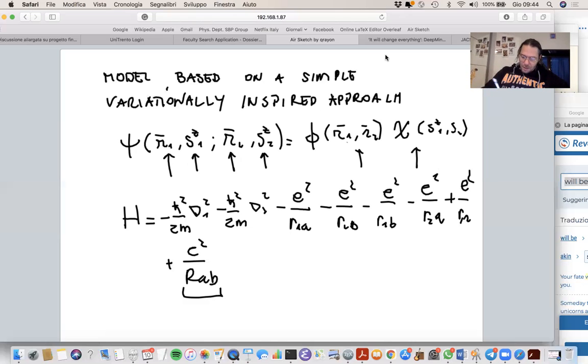So this is a constant that we can in principle disregard when we solve the Schrödinger equation and put it back in the end when we consider the topology.